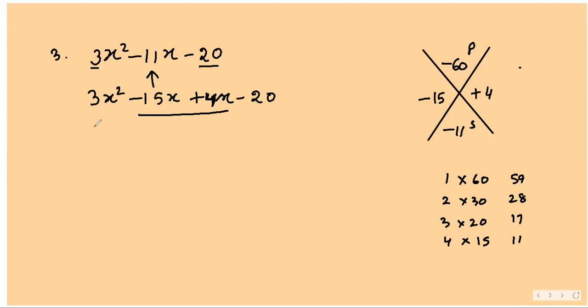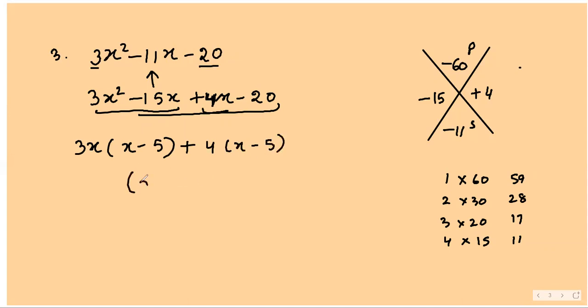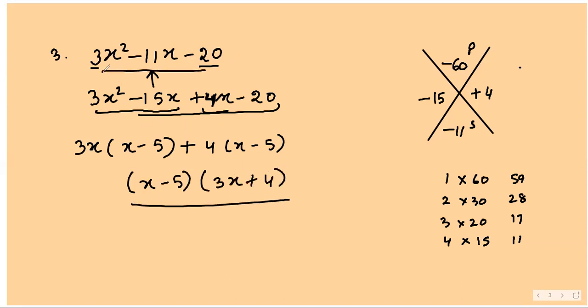We'll make pairs again, and we can take 3x common from the first two terms. So it's x minus 5 inside, and then we take 4 common and we get x minus 5 here. x minus 5 taken outside, so we get 3x plus 4, right? So these are the two factors for the given polynomial.